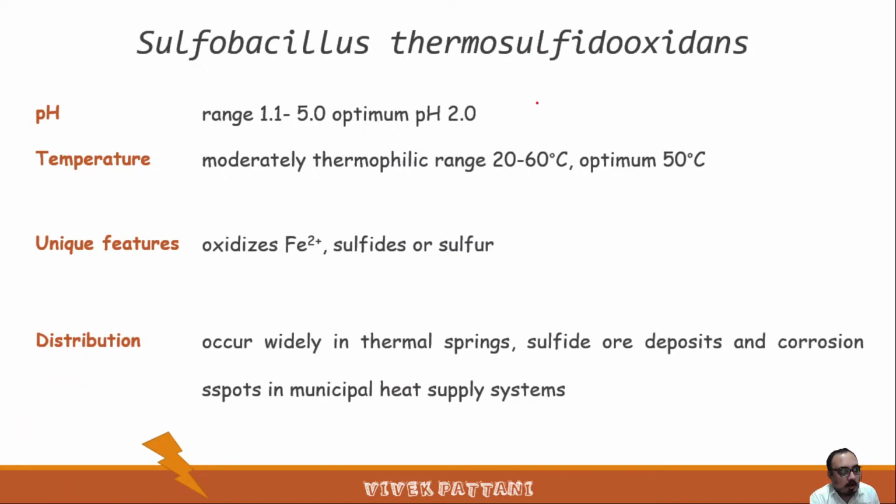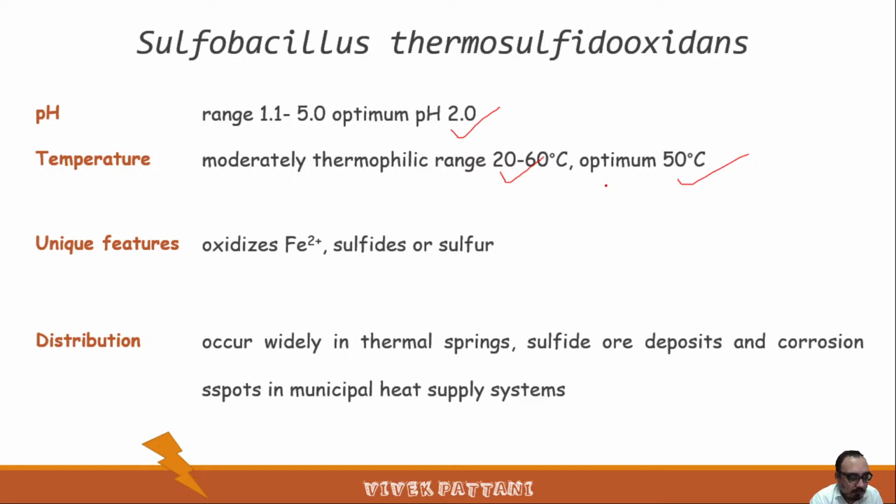Oxygen requirement, they are strictly aerobic, with a pH range of around 1.1 to 5 and a pH optimum of 2. For temperature, they are moderately thermophilic with a range of 20 to 60 degrees Celsius and an optimum of 50 degrees Celsius.